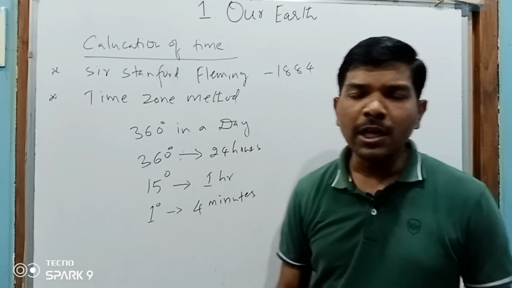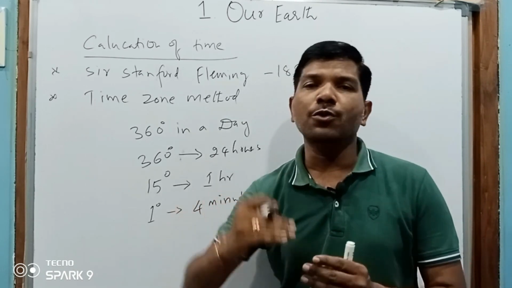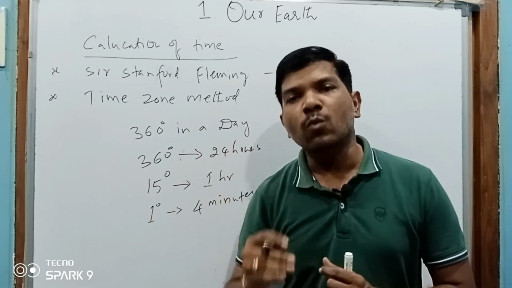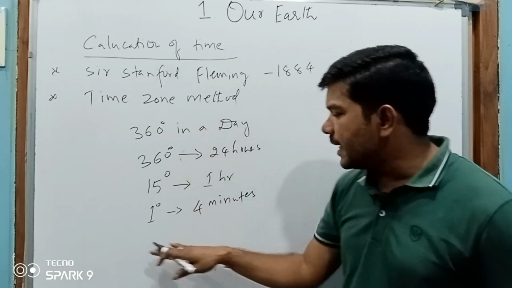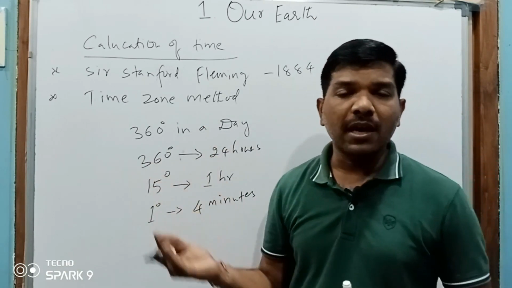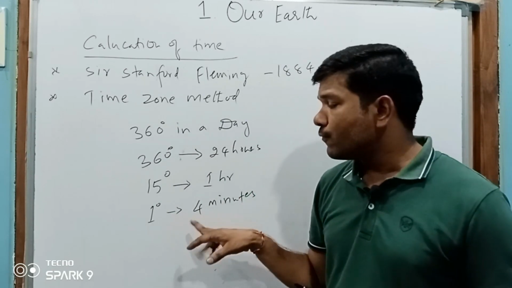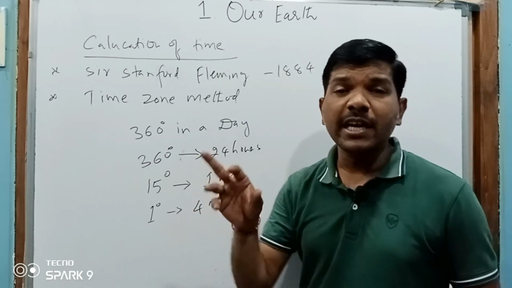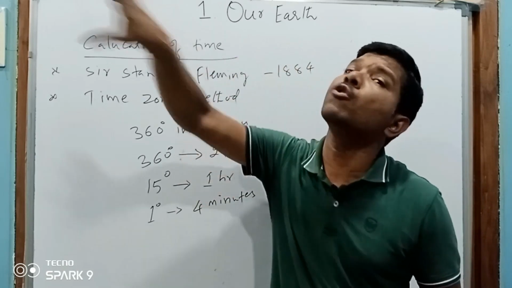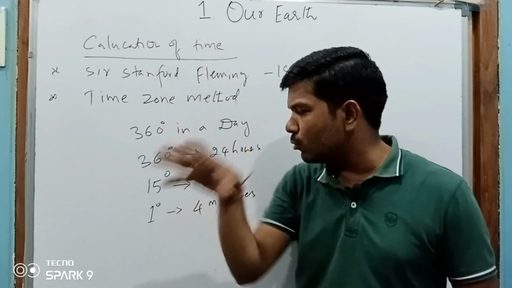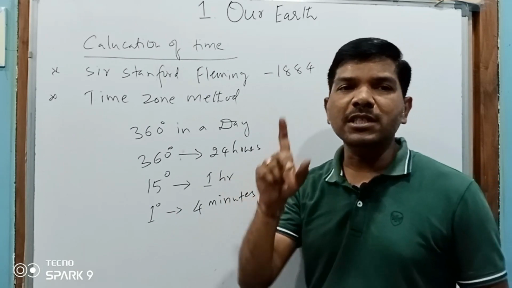To move from one longitude to another longitude, it takes 4 minutes. The Earth takes 4 minutes for the sun's position to move.